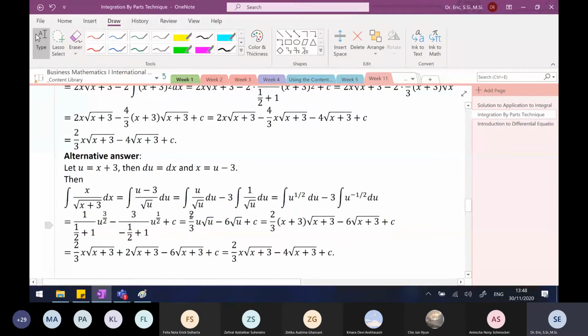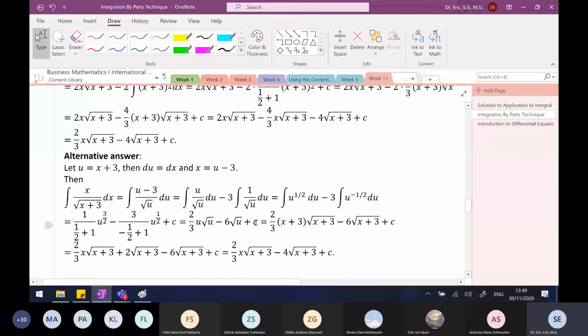And then you get a half. This is 3 over 2, and 1 over 3 over 2 is 2 over 3. So 2 over 3 u times the square root of u, minus 3 divided by a half. 3 divided by a half is 6. So you have minus 6 times the square root of u, plus a constant.